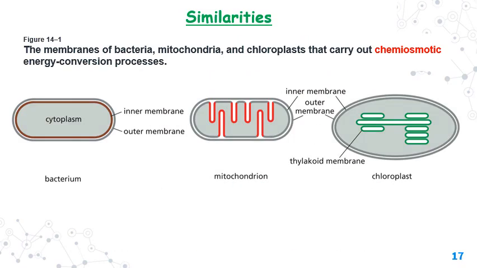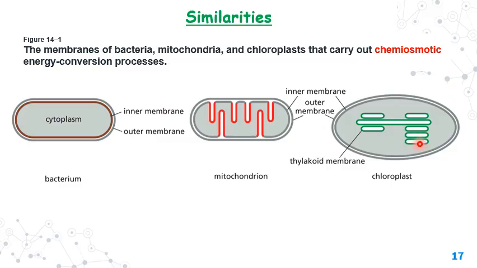All right. So your similarities, you have here your double membrane. Inside of the inner membrane of your mitochondria, this is where you're going to have those complexes for chemiosmotic phosphorylation. And chemiosmotic is the same when you compare mitochondria and chloroplast.